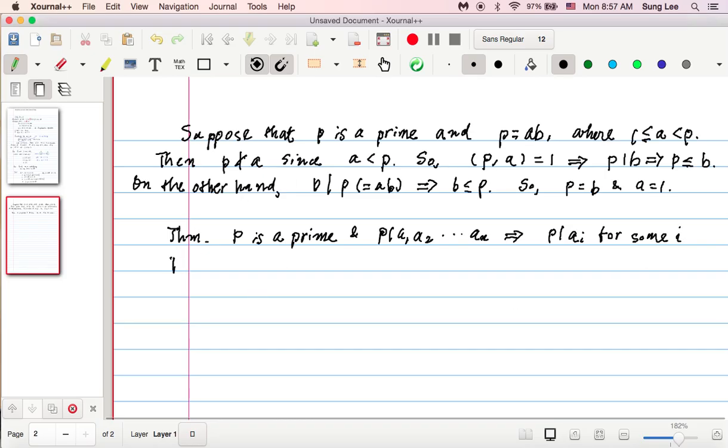So here's the proof. If P divides a1, then we are done.